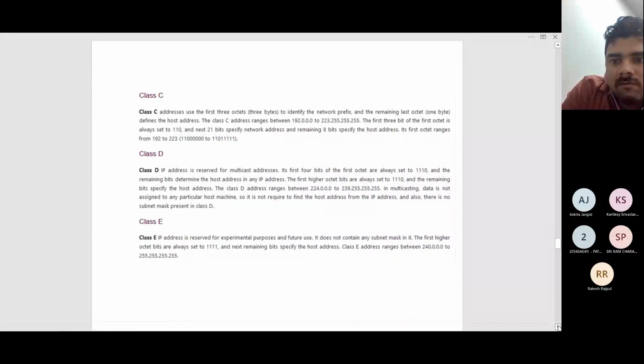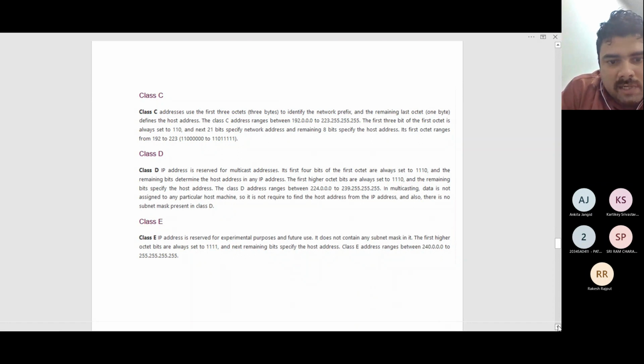The first 3 bits of the first octet are always set to 110, and the next 21 bits specify the network address, and the remaining 8 bits specify the host address. The octet range is from 192 to 223. Usually we use a Class C IP address in our network area.